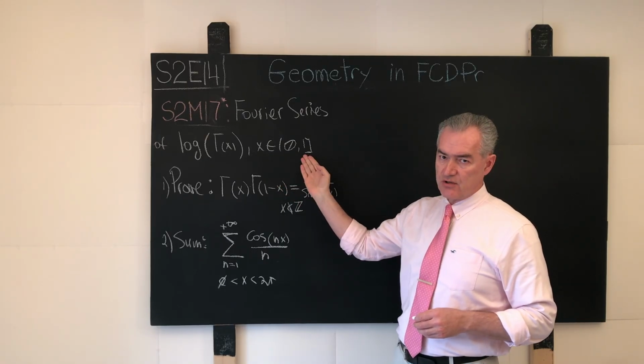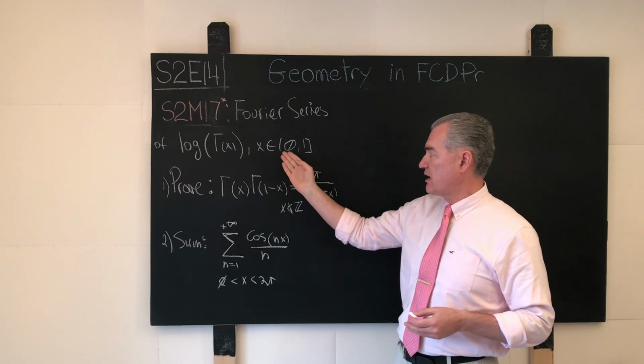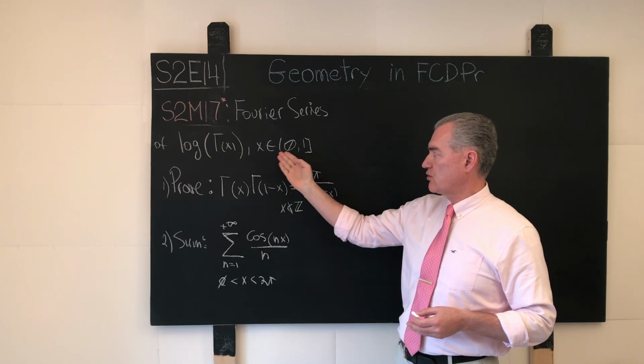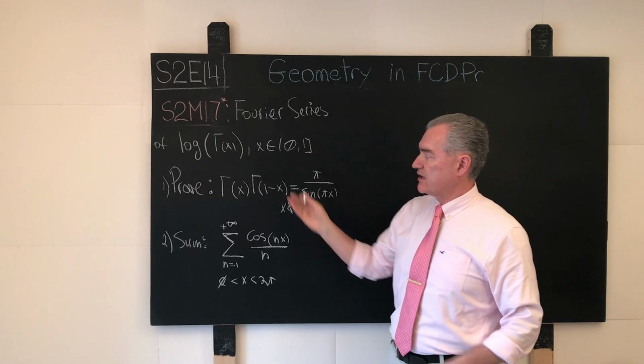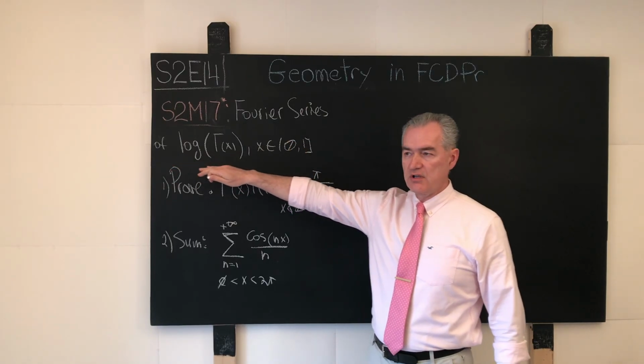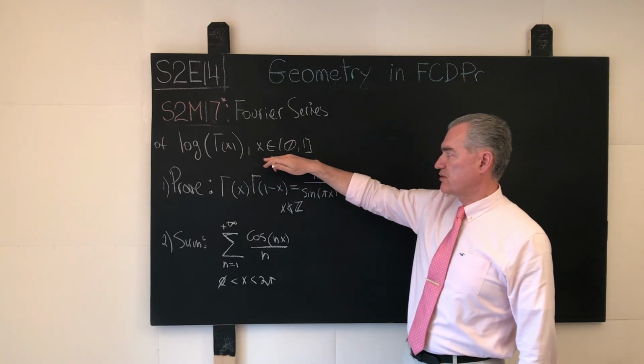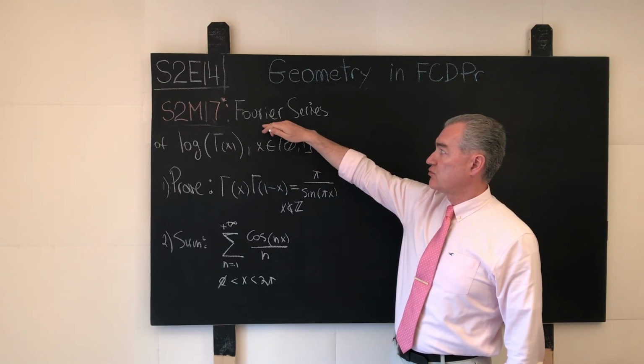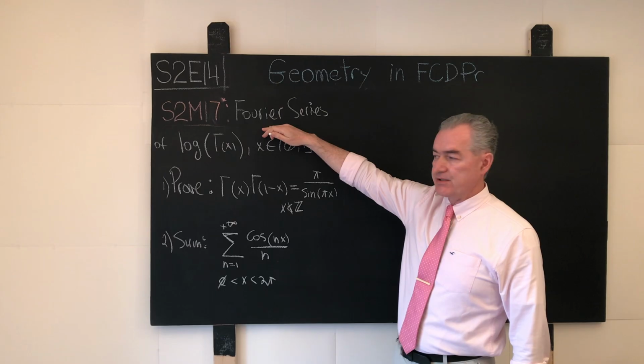This interval is closed on the one side, open on the 0 side. But again, as a challenge, you are invited to decompose the logarithm of the gamma function on this subset of real numbers into its Fourier series.